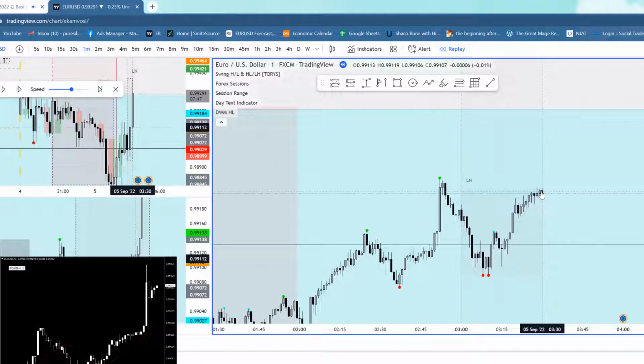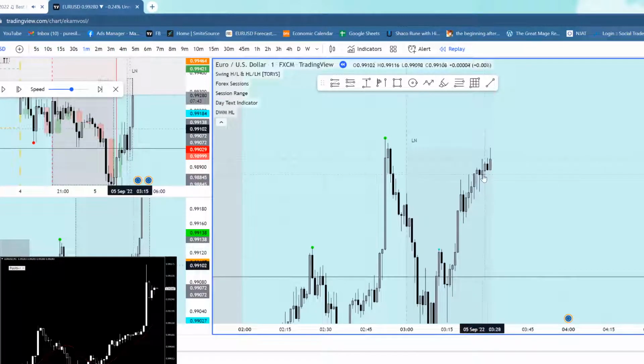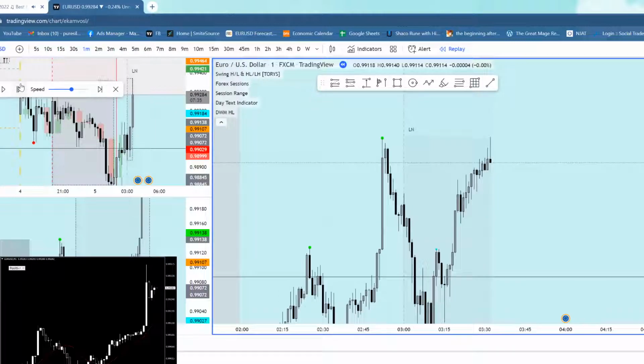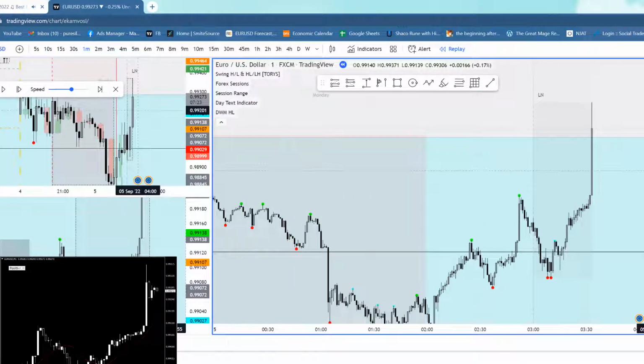So, as you can see, it closed here. This is the last candle where it closed on the 15-minute. The next candle opens up here, and it doesn't get below that one. And then it just takes off. Literally from the candle that it closed, it never goes below that candle anymore. It just flies on the 15-minute.